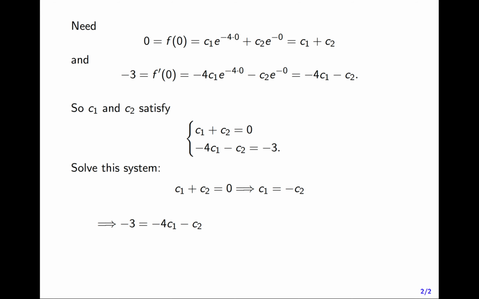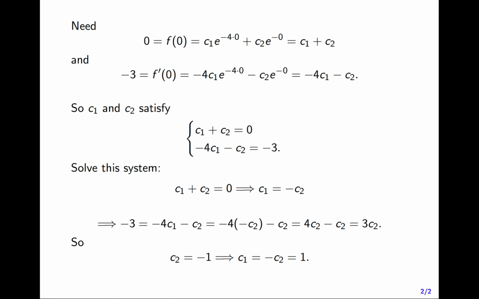Minus 3 is originally minus 4c1 minus c2, and that's minus 4 times minus c2 minus c2, 4c2 minus c2, 3c2. So I'm left with 3c2 equals minus 3, and therefore c2 equals minus 1, and so c1 is minus c2, and that's 1.